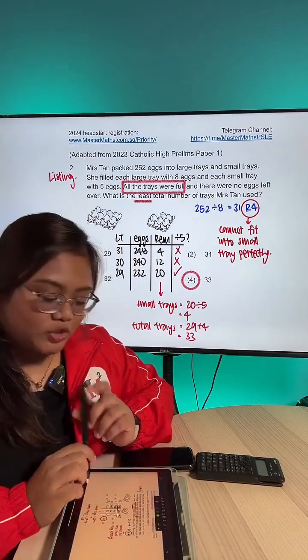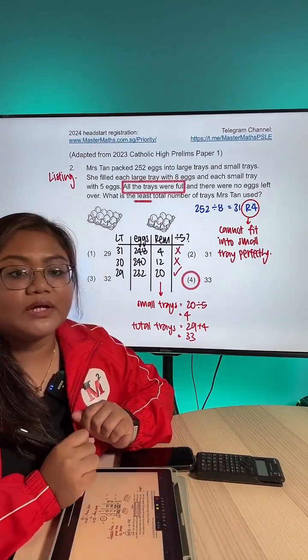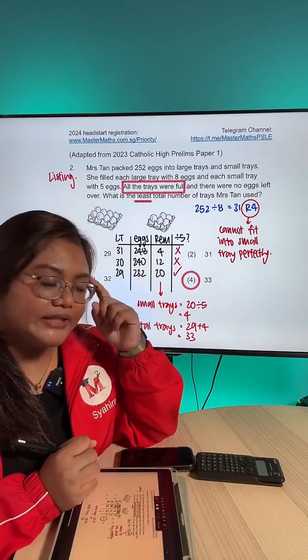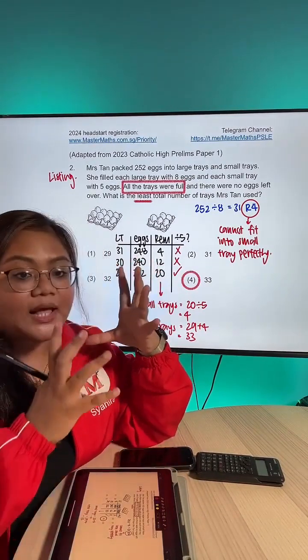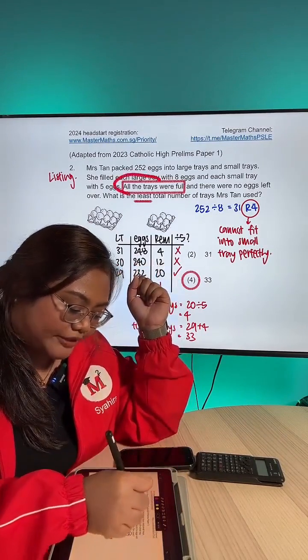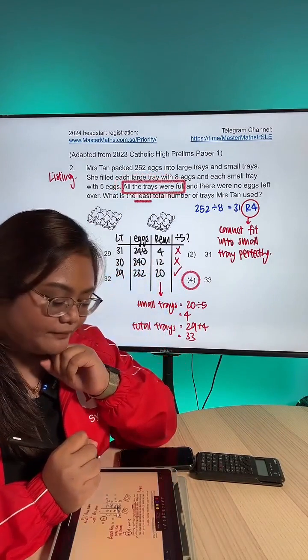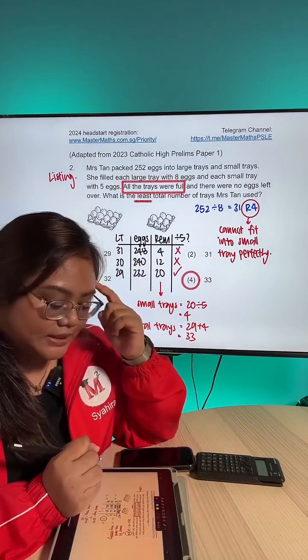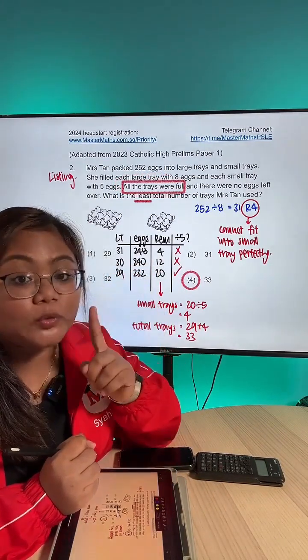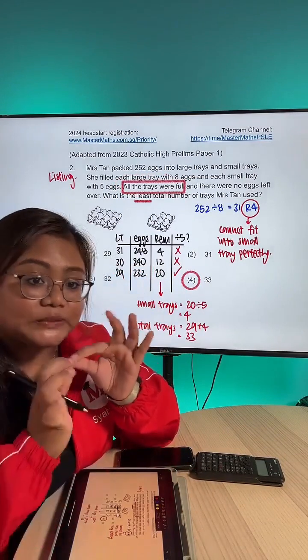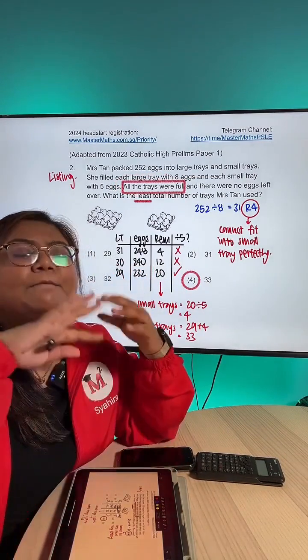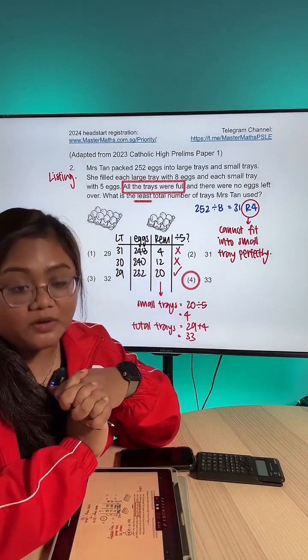So let me explain this question one more time, okay? First thought process, step 1, in my head, when I see this question, I need to remember that all my trays are full. That's the very first thought process that I must have. Second thought process, the question wants least total number. If I want least total number, I need as many big ones as possible.